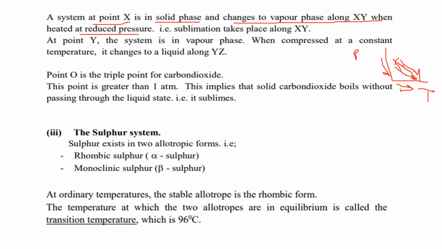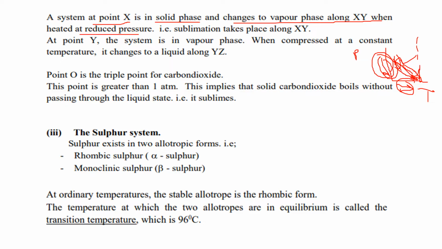That's why we are saying that for sublimation to take place, we must heat this solid here, but with a decreasing pressure, so that we can favor sublimation along point X to point Y.